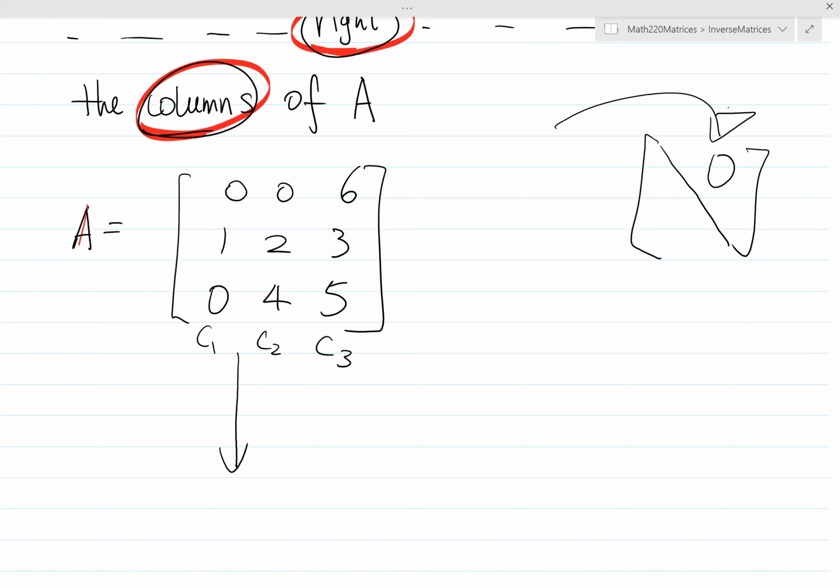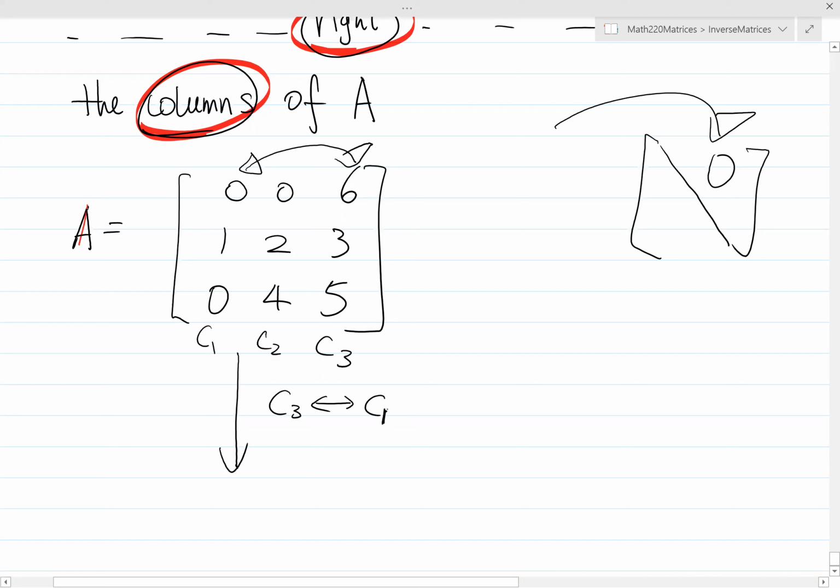You see the first row of matrix A is 0, 0, 6. We should move these zeros to the right. How do we move the 0 to the right? Well, we switch the columns. Column C1 switches with C3.